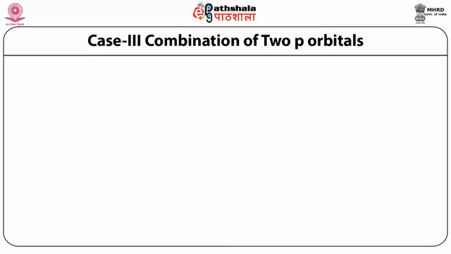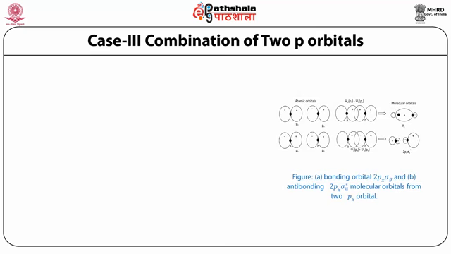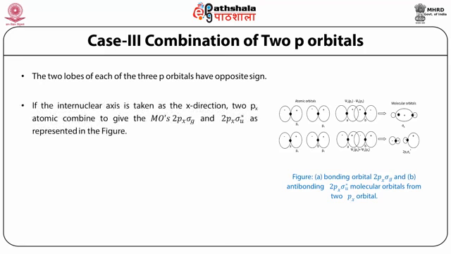Case 3, combination of two p orbitals. The two lobes of each of the three p orbitals have opposite sign. If the internuclear axis is taken as the x direction, two 2px atomic orbitals combine to give the MOs 2px sigma g and 2px sigma u star, as has been depicted in the figure.